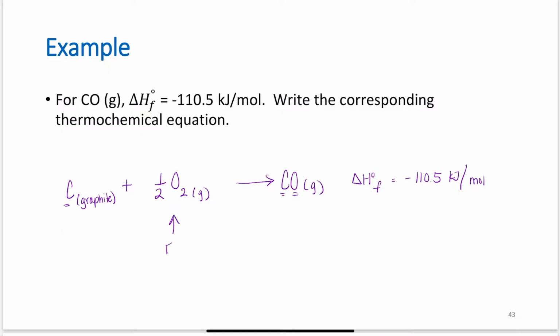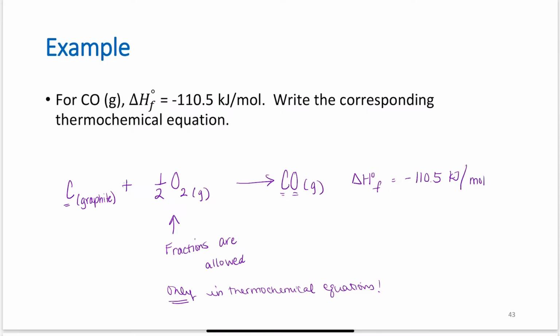Fractions are allowed. Only in thermochemical equations, though. Do not do it outside of this, okay?